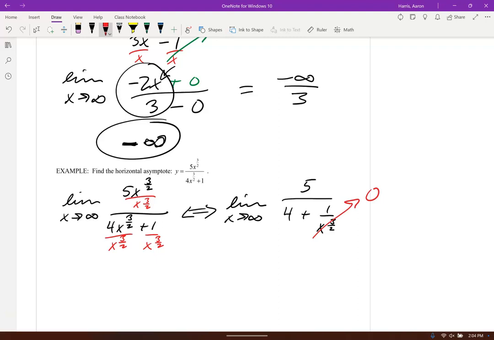This will go to 0, right? I got 1 over a huge number there. It's going to go to 0, so I'm just left with 5 over 4 plus 0. So I got 5/4.